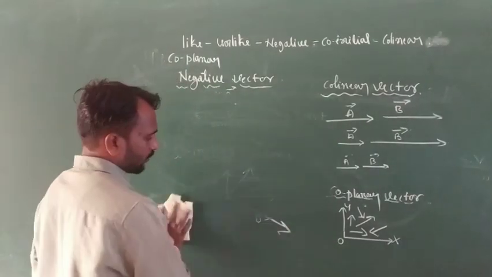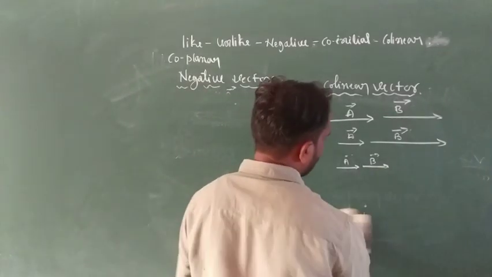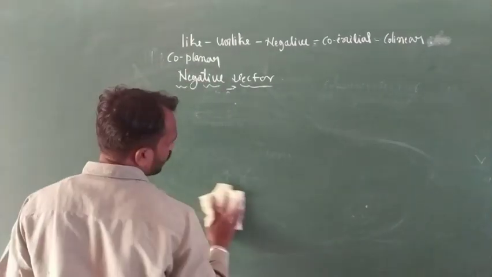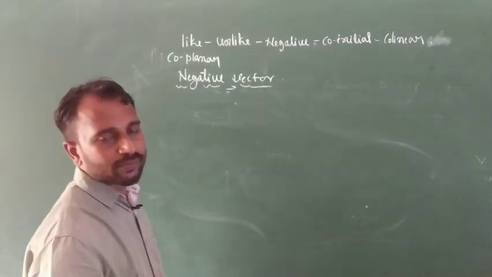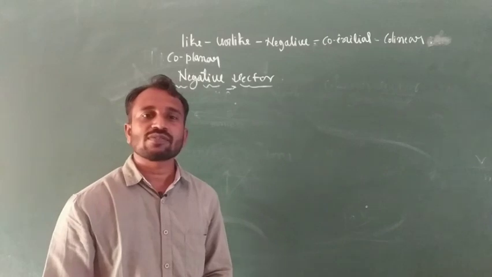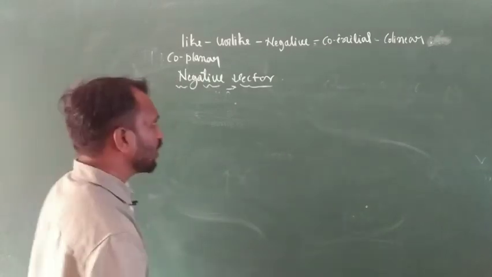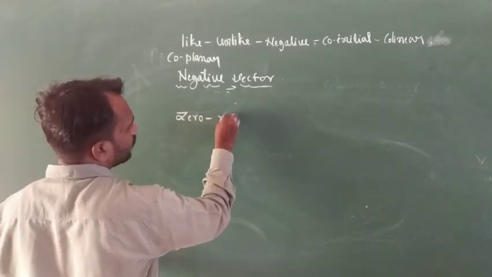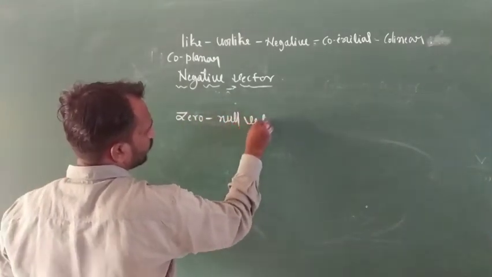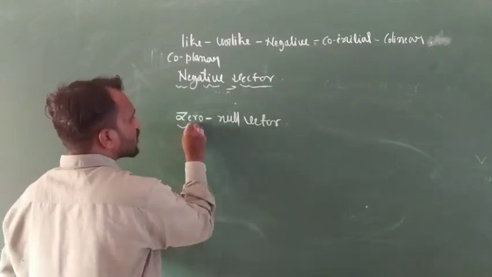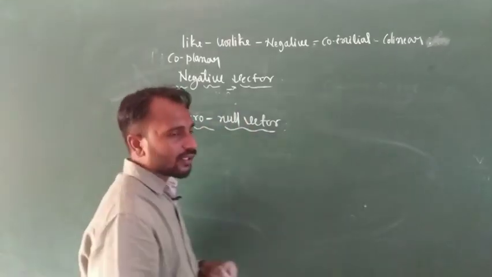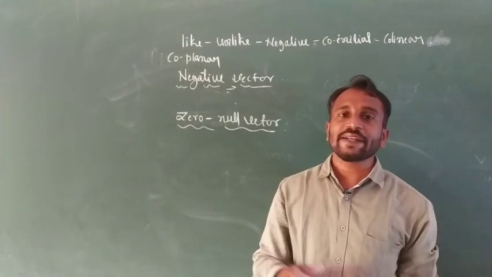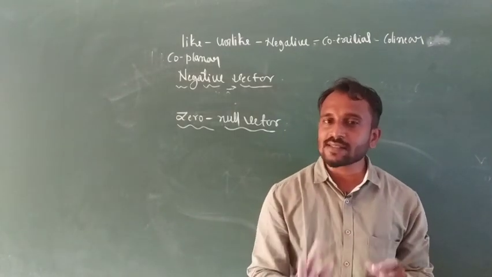Another one, the unit vector. Before going to the unit vector, the first one is the zero vector or null vector. A zero vector or null vector is a vector whose magnitude we consider as 0.